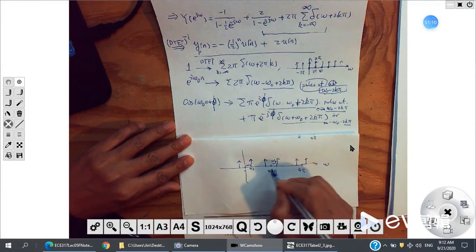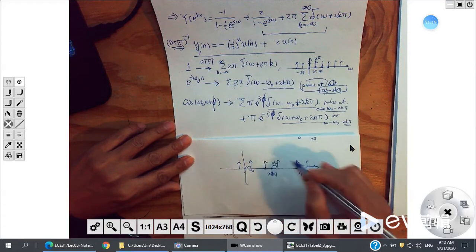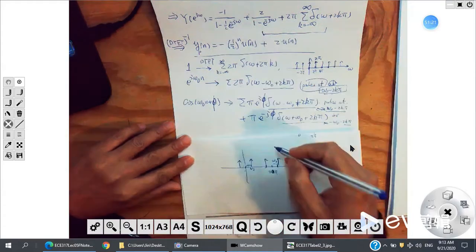Every 2 pi, nearby on the left and the right, you have 2 impulses. The distance is omega 0.